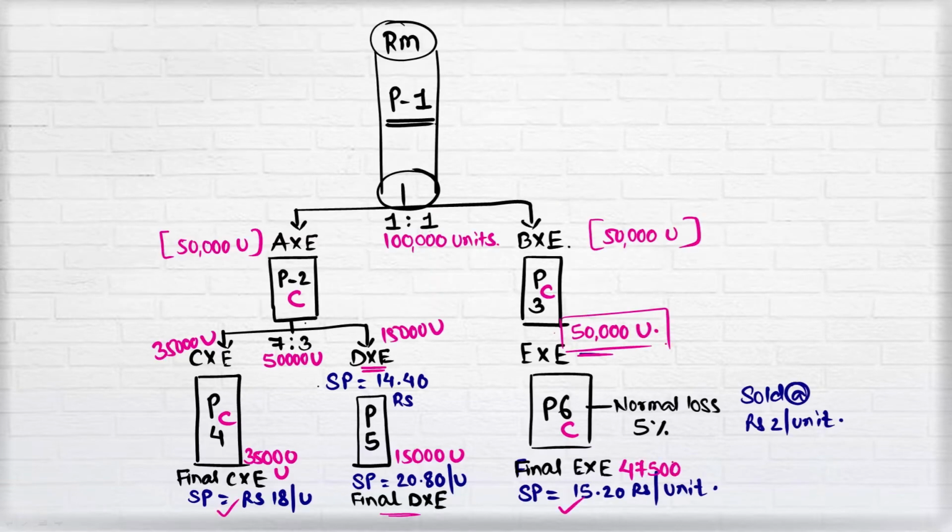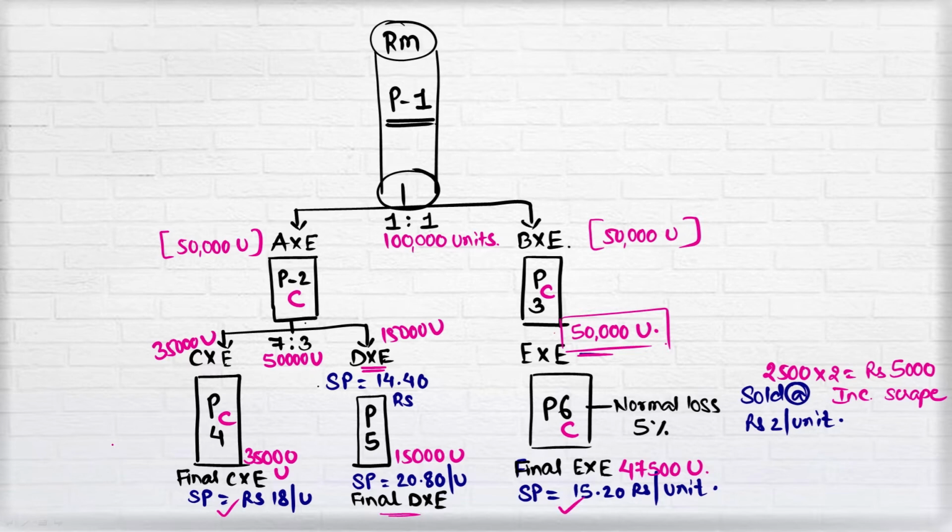How come? There is a loss of 5%. 50,000 into 5% is 2,500. So what will be your scrap units? Can you tell me what will be your scrap units? 2,500 will be sold at 2 rupees, that is rupees 5,000 will be your income from scrap. I'll be dealing with it. So as far as explanation is concerned, I am rubbing out some of the figures.